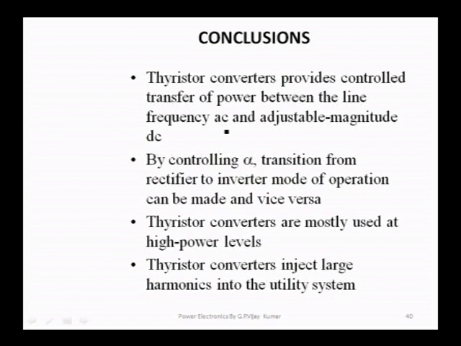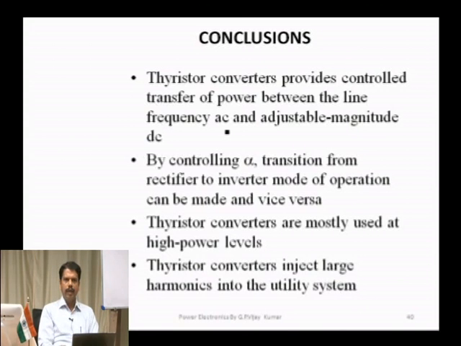So, what are the conclusions we can make on phase controlled thyristors? The thyristor converters provide a controlled transfer of power between the line frequency AC and adjustable magnitude DC. As already told you, we use phase controlled rectifiers in applications where we require a variable DC power.